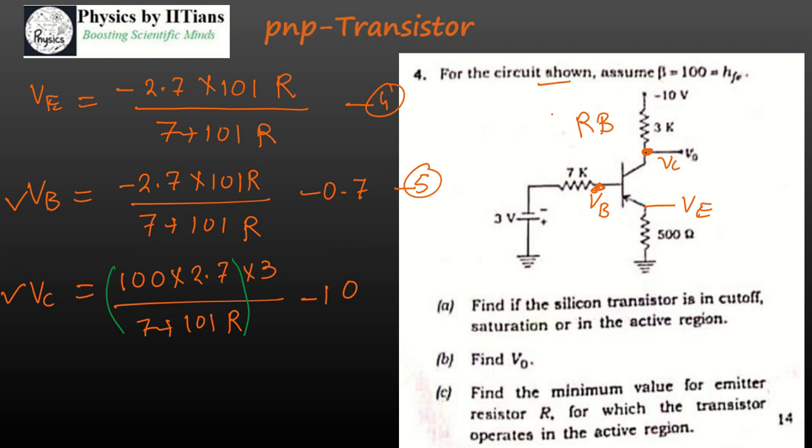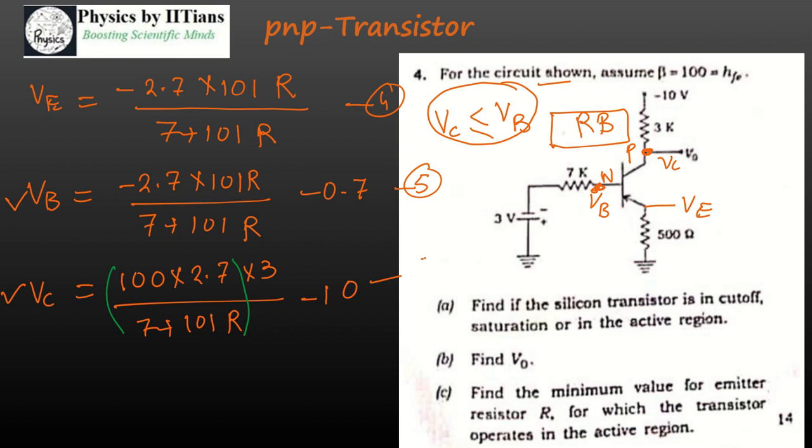And for the collector base junction to be reverse biased, the voltage across the collector, because this is P type and this is N type, should be less than the voltage across the base, and we are finding the minimum value, that means it should be less than or equal to. So this condition we can apply on these voltages VB and VC.